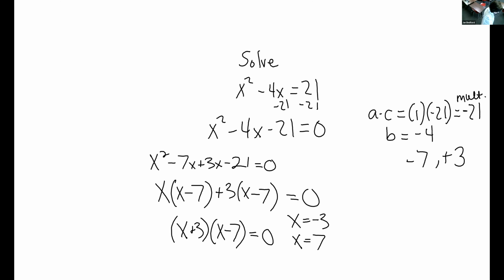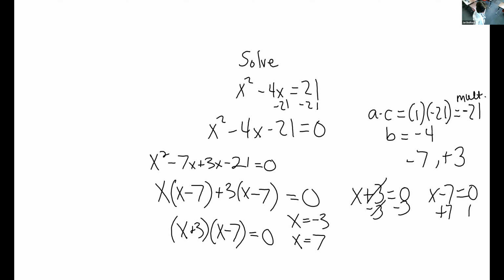So what he really did was he said x plus 3 equals 0. He set the first parentheses equal to 0, and then he set the second parentheses equal to 0. And when he solved it, that's how he came up with x equals -3 and x equals +7.